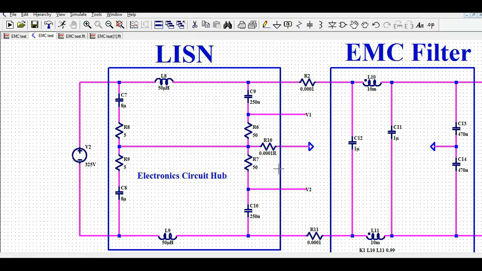So this is the 50 ohm impedance, which I'm connecting to the earth terminal. This point is connected to the earth terminal, and that is how you can design the LISN circuit, and you can copy this LISN circuit in your LTspice file, and you can try to simulate it to see if this works for you as well or not. So this is the entire LISN network.